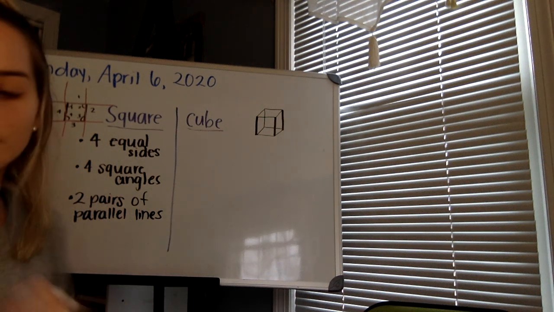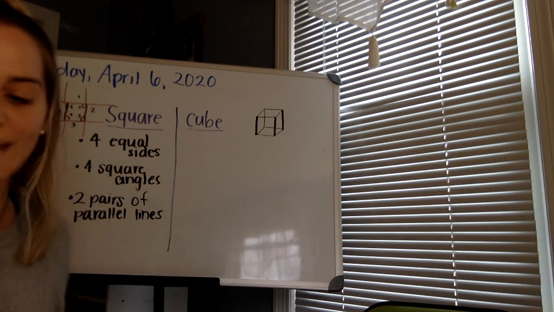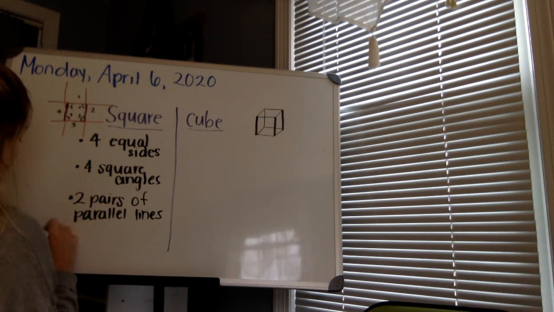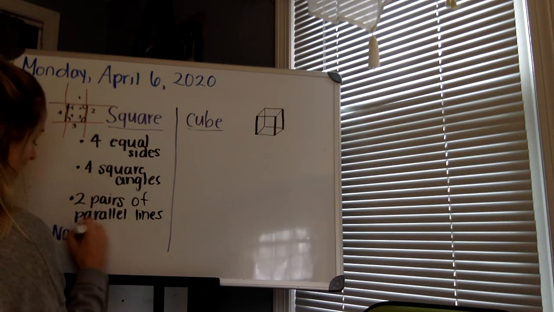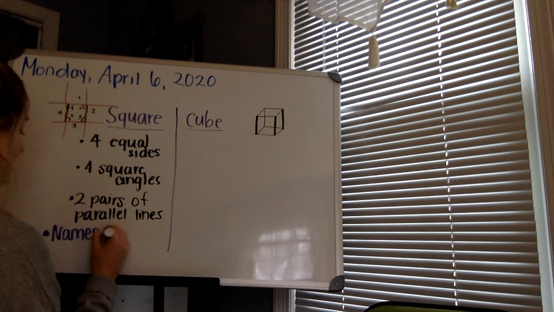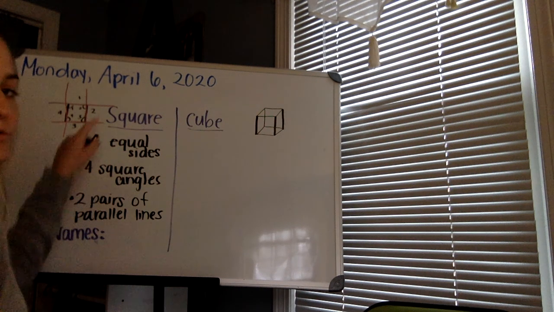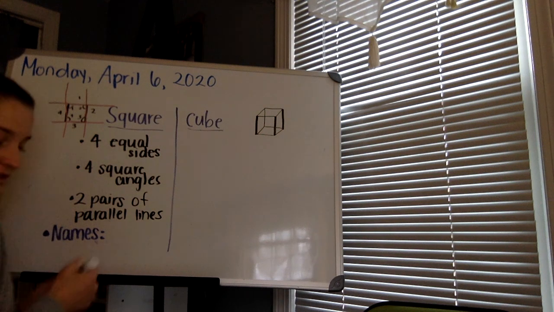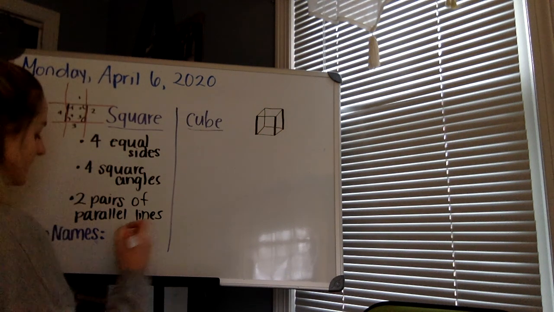And lastly, let's go over all the different names for our squares. So we can call a square many different things. Of course, we can call squares squares, but we can also call them, I'm going to change the color, polygons.